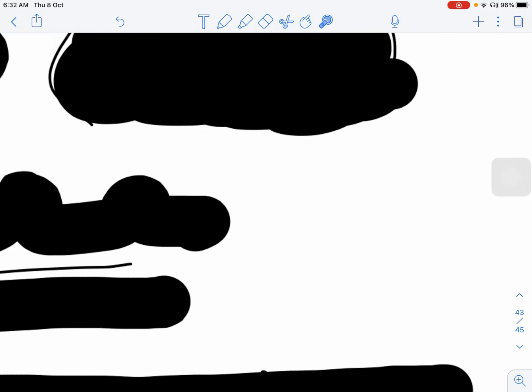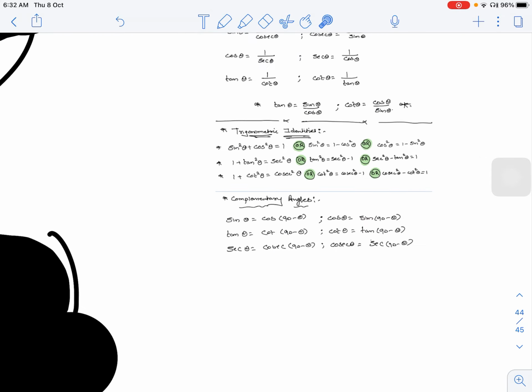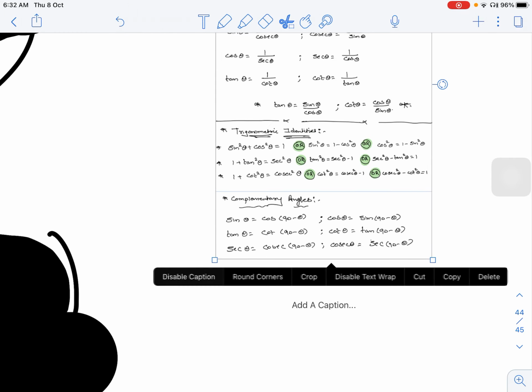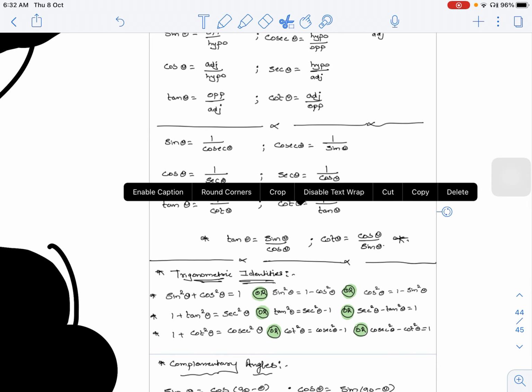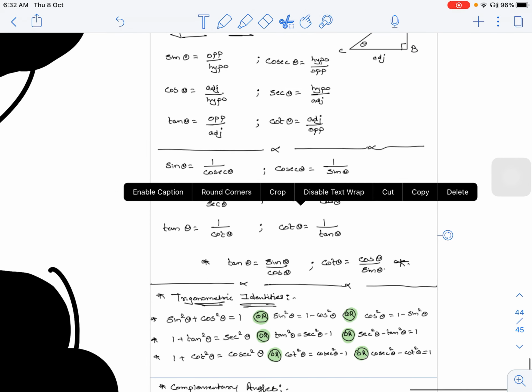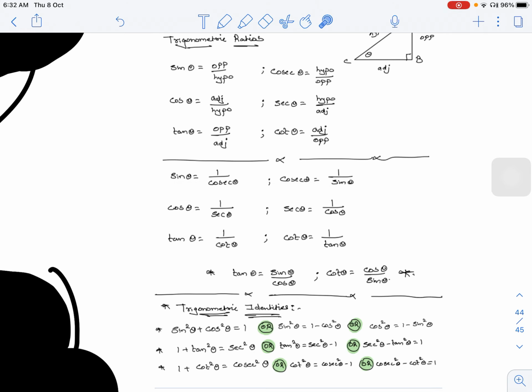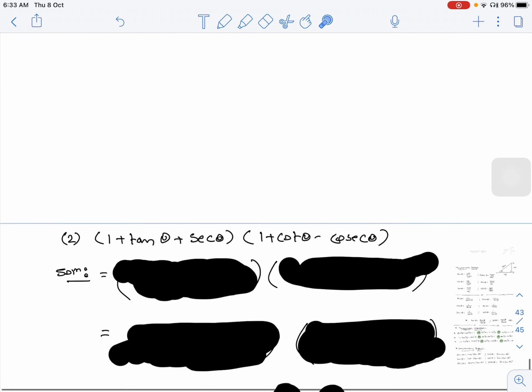We have already seen that tan theta can be written as sine theta upon cos theta, and sec theta can be written as 1 upon cos theta. So instead of tan, what value will we consider? Sine theta upon cos theta, and instead of sec theta we will consider 1 upon cos theta.